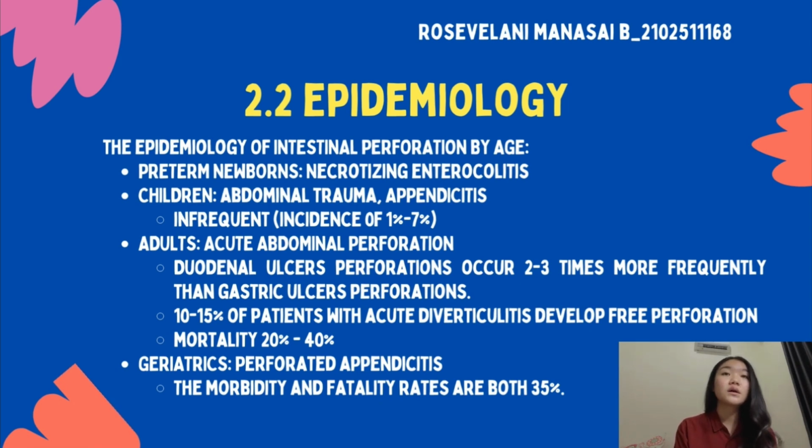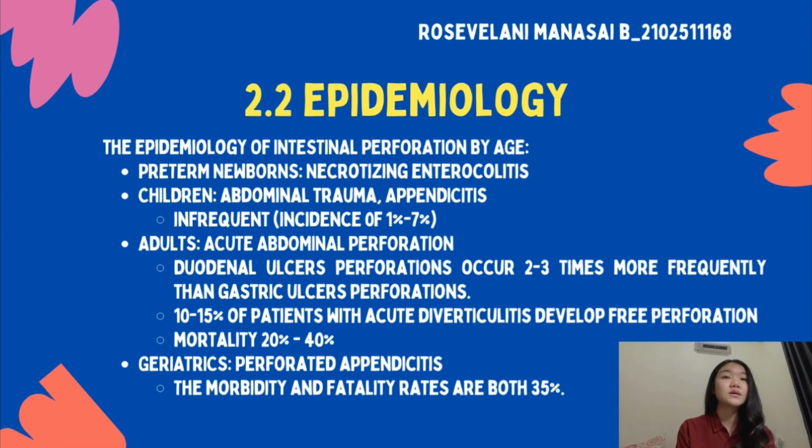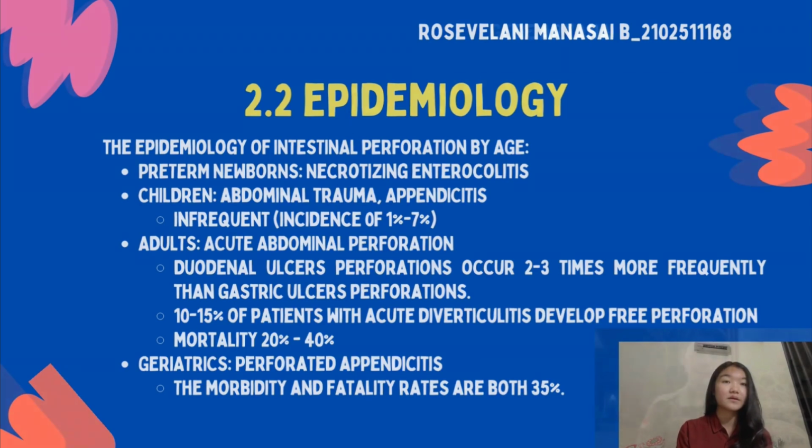Moreover, duodenal ulcer perforation occurs 2 to 3 times more frequently than gastric ulcer perforations. 10 to 15% of patients with acute diverticulitis develop perforation. The mortality for adults is 20% to 40%. In geriatric patients, perforated appendicitis is the most common cause, with the morbidity and fatality rates both being 35%. That's all from me. The presentation will be continued by my friend. Thank you for the opportunity.